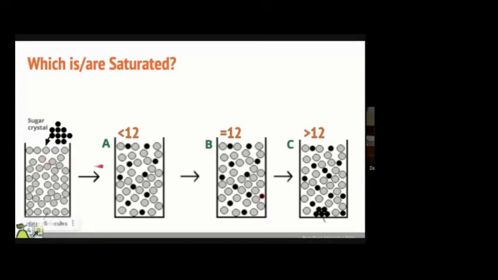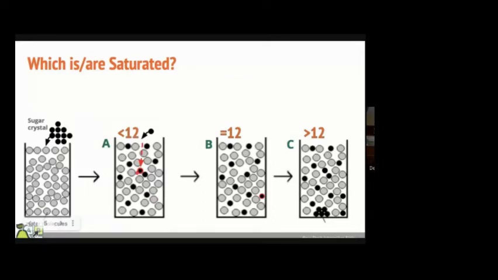Now, just to set the stage, all 3 of these beakers have the same number of water molecules. And so if we start with just a little bit of the sugar, in other words, fewer than 12 particles, and we can count them: 1, 2, 3, 4, 5, 6, 7, 8, 9, 10 particles. If we put in 1 more particle, we can see that it stays dissolved in the solution.